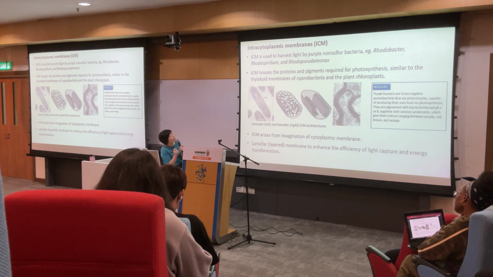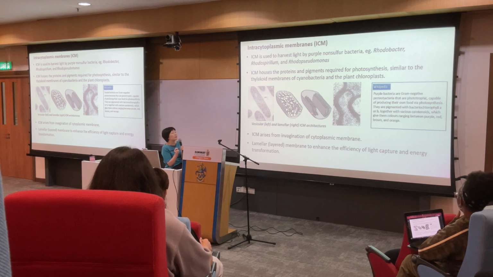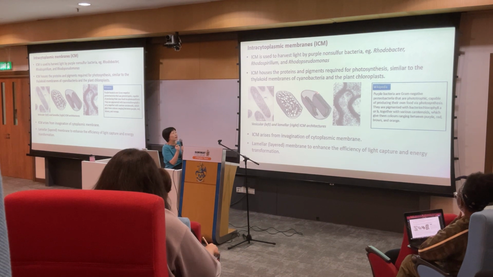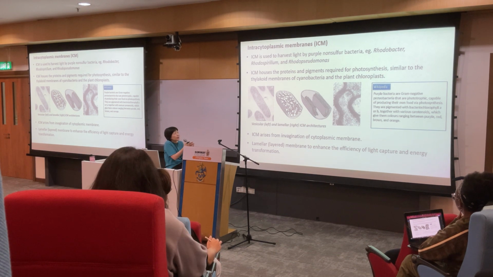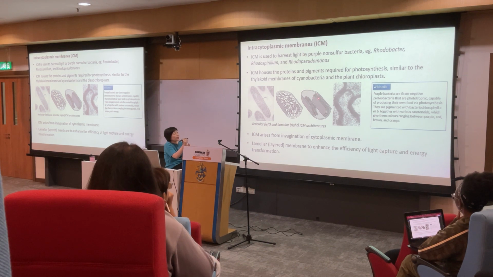Because they are doing the photosynthesis, all right? They invaginate, meaning that the cell membrane, inside, they actually invaginate, growing into the cytoplasm, and then they've been folded into many layers. So these ICM are actually originated from the cell membrane.